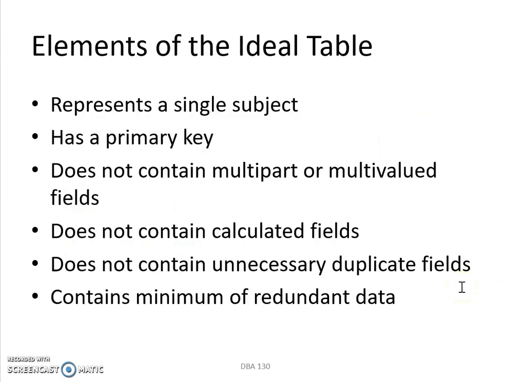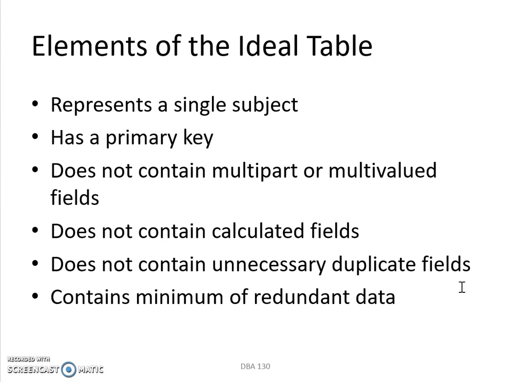And finally, the elements of an ideal table. We've harped on this a bit, but it represents a single subject, which can be an object or an event. It has a primary key. This is important for two reasons. A primary key uniquely identifies each record within a table, and it plays an important role in establishing table relationships.